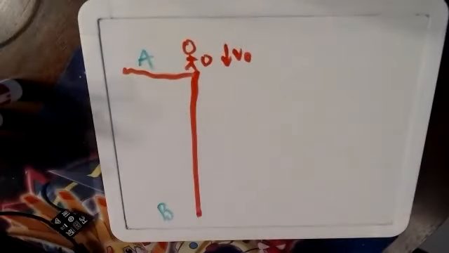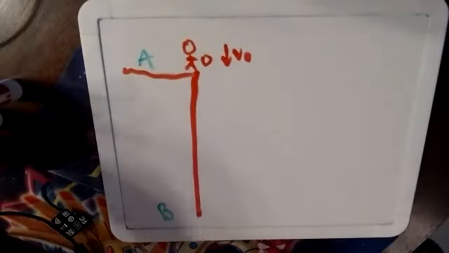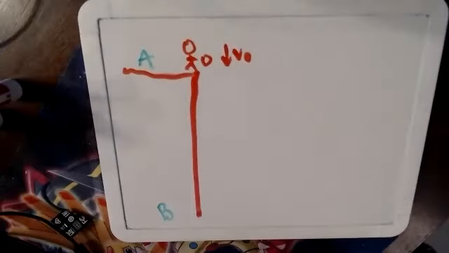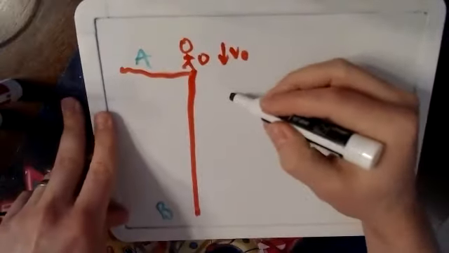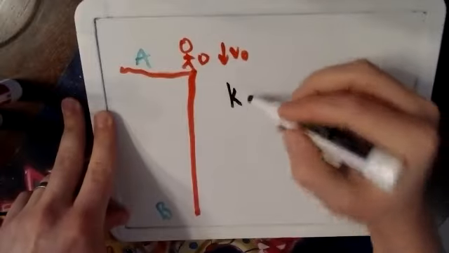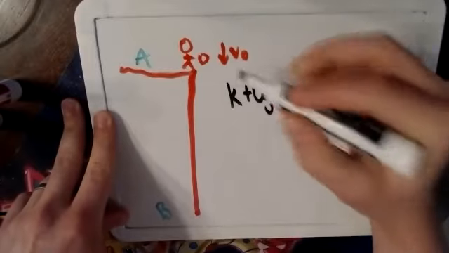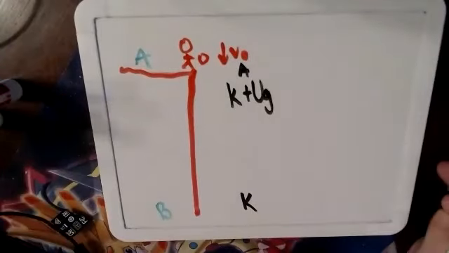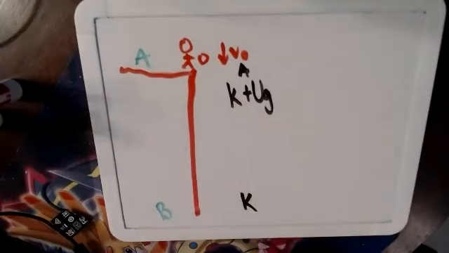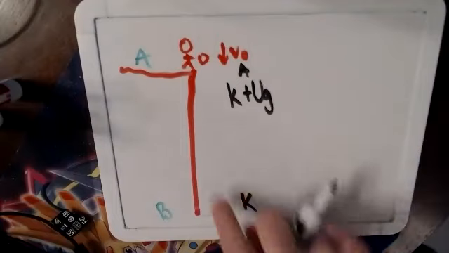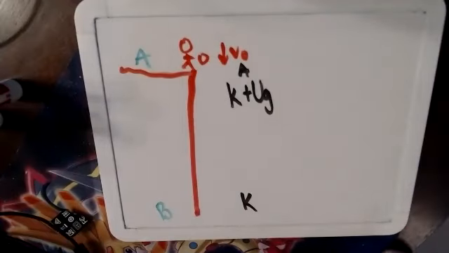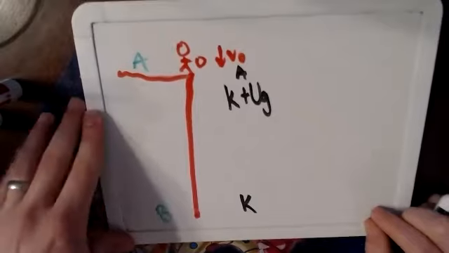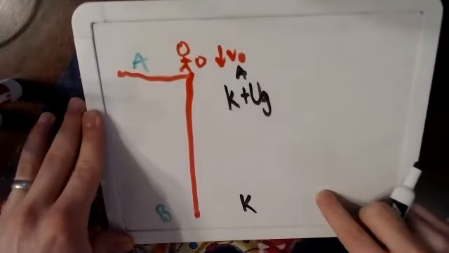I'll pick location A, and I'll pick location B. And then I identify the forms of energy at location A, and it has K plus UG, and at location B, it just has K, where UG is the height. And in this case, we'll just call it a delta Y, change in vertical position, final minus initial, something like that.